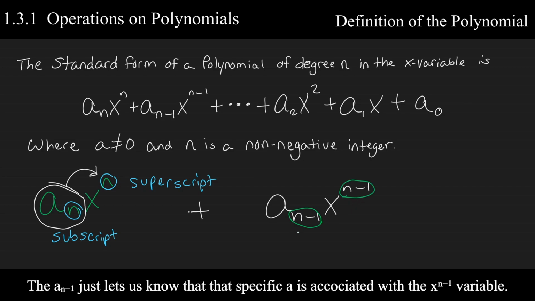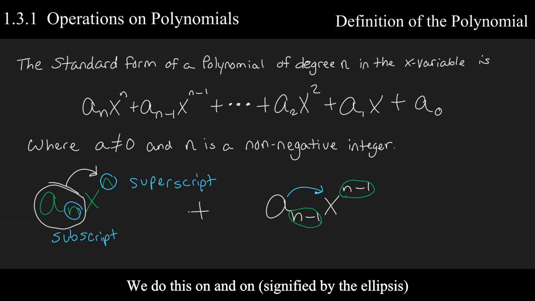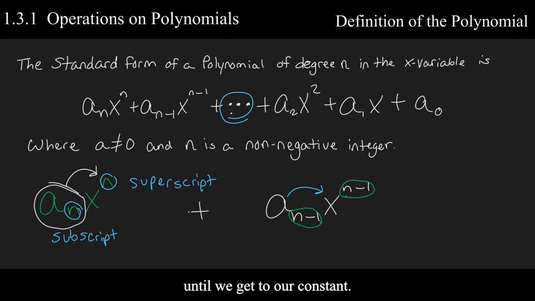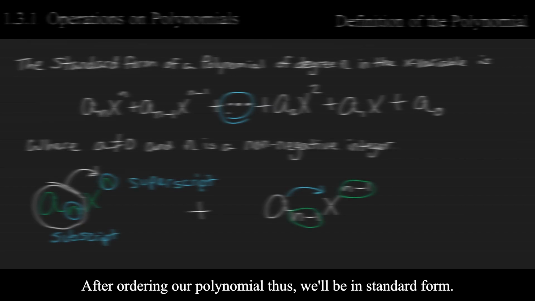The a sub n minus 1 just lets us know that that specific a is associated with the x to the n minus 1 variable. The name of the coefficient is going to reflect the power of its variable. We do this on and on, signified by the ellipses, until we get to our constant. After ordering our polynomial thus, we will be in standard form.